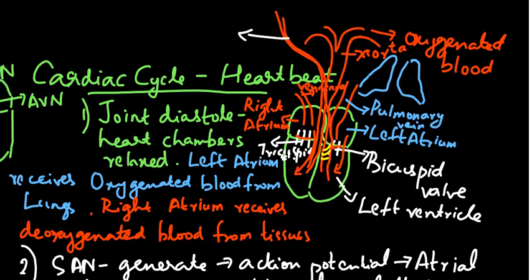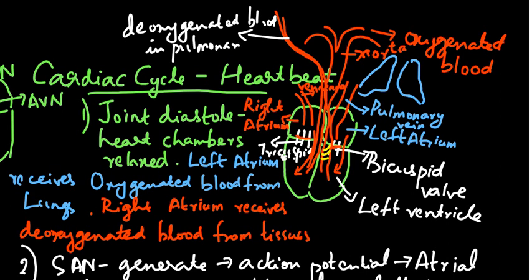So the pulmonary artery has deoxygenated blood, and it reaches the lungs for oxygenation. Once the blood enters the pulmonary artery, the semilunar valves will close in the pulmonary artery too.